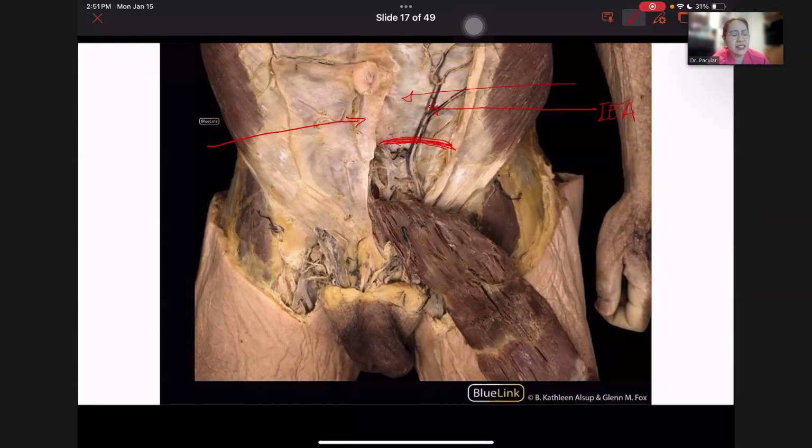It will be visible right above the arcuate line. So it comes out there. Anyway, next slide.